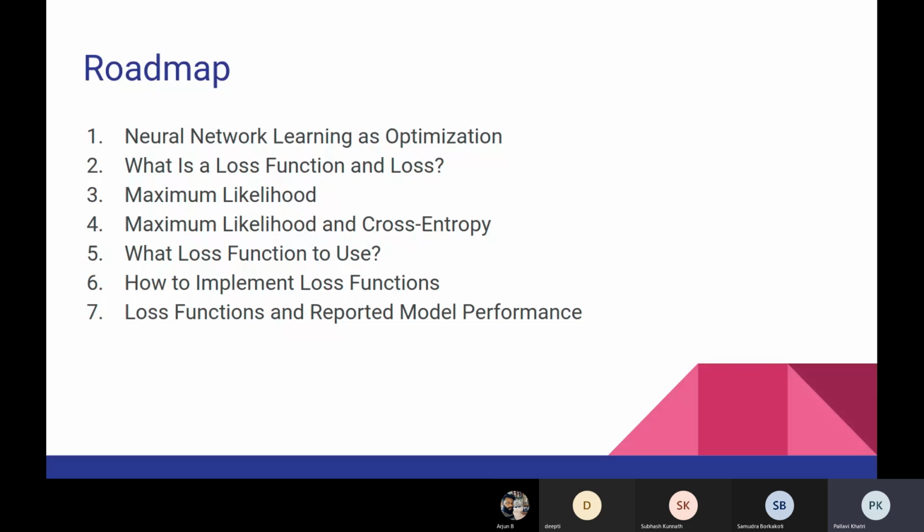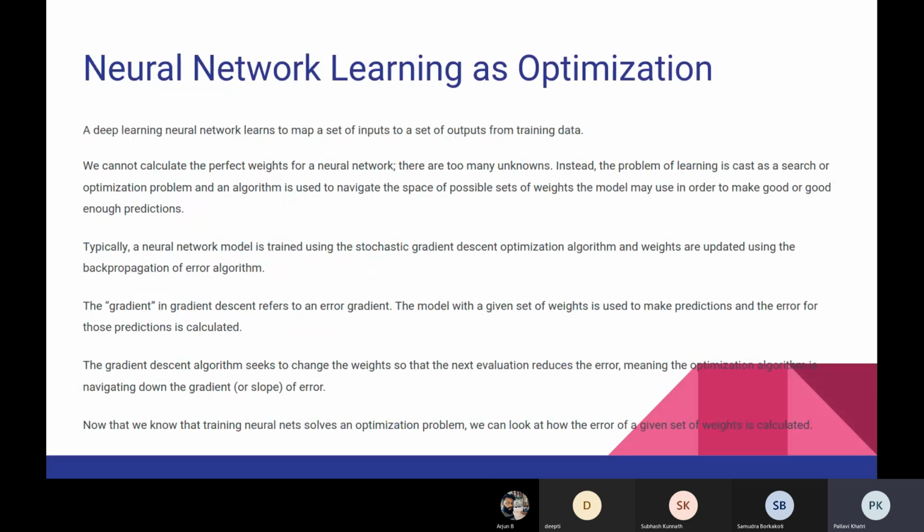So first of all, neural network learning as optimization. How does a neural network basically work? What a deep learning neural network learns is a mapping from a set of inputs to a set of outputs from training data. Let's say there is a black box with certain inputs coming in and some output.